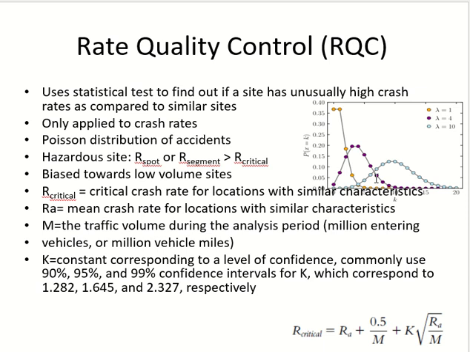K is a number which depends upon how much of the distribution you want to cover. We want to cover 90%, 95%, or 99%. Normally, we try to cover 95%. This is called our confidence level.